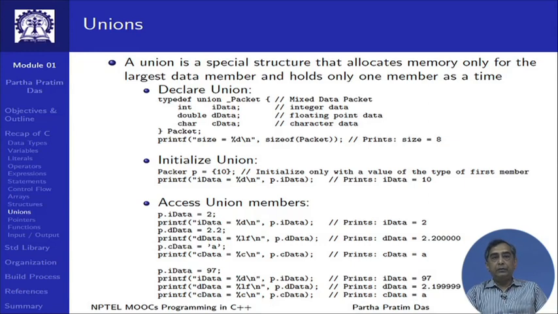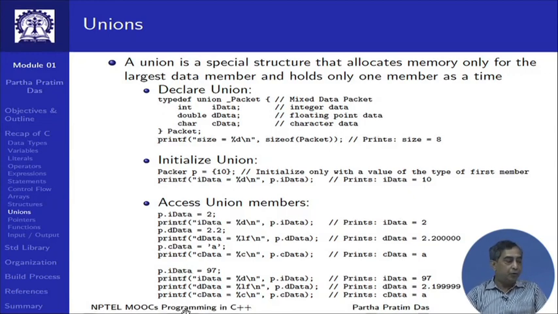The way you specify or the way you access the members are the same between structure and union, but what is different is the way the memory is allocated. If you have a structure with 2, 3 different members, then when a variable of that structure type is created, all members are allocated area.